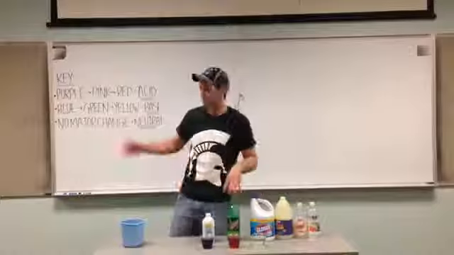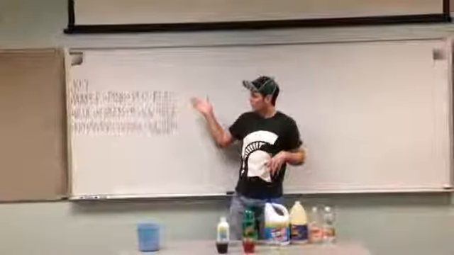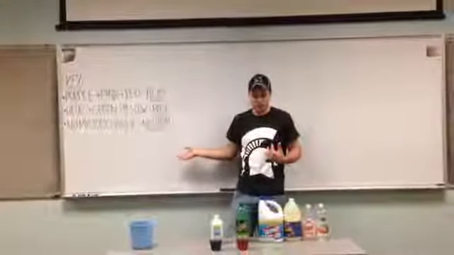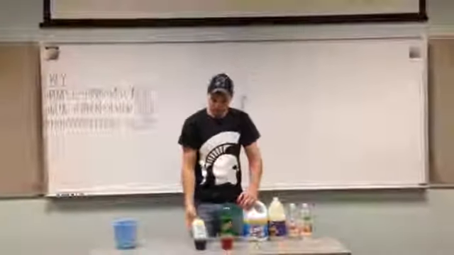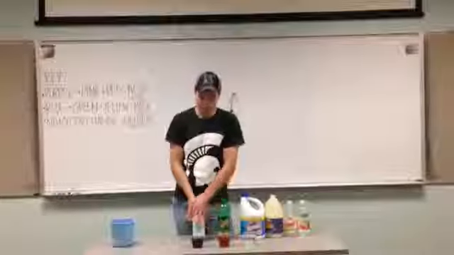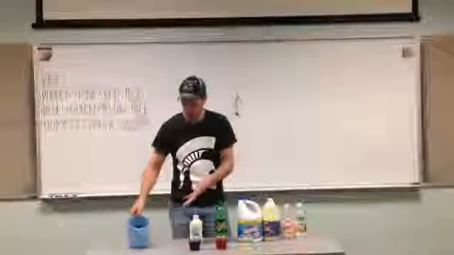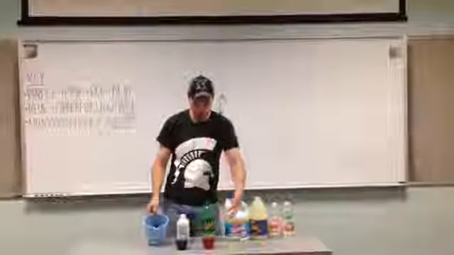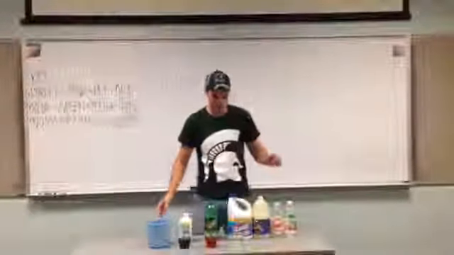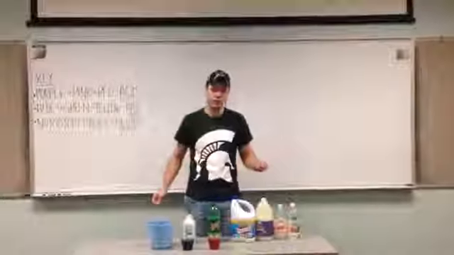When you add it, it changes colors to tell you if it's either an acid, a base, or a neutral. And we found out through our experiments, through our classmates, that our rubbing alcohol was a neutral, because it didn't change any color at all from the cabbage water. The Mountain Dew was an acid, because it changed to a nice red color, and our bleach is a base because it changed to a yellowish color.